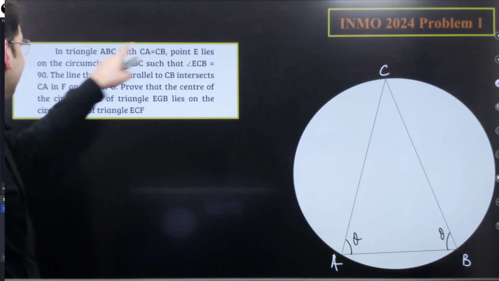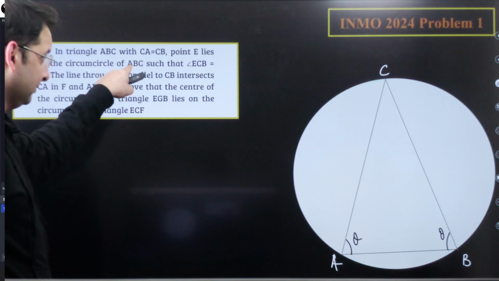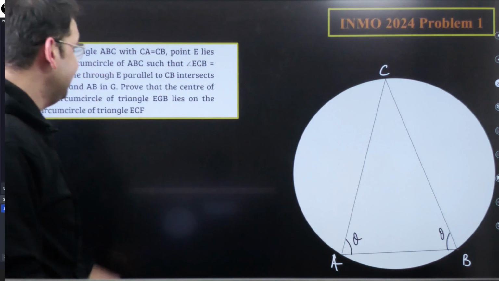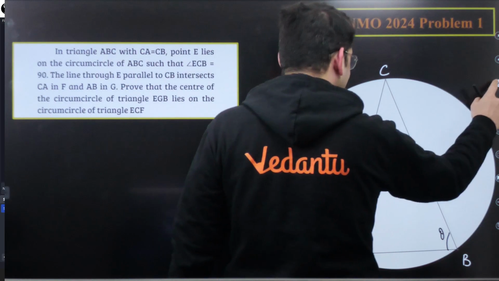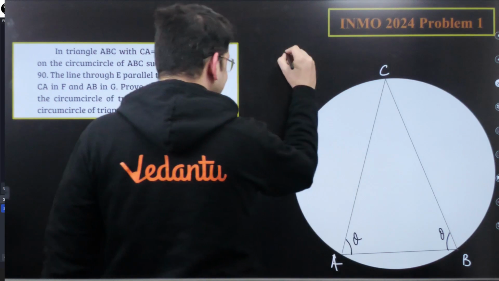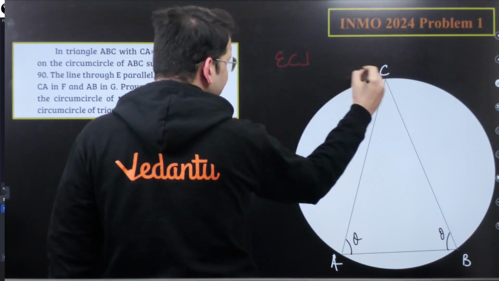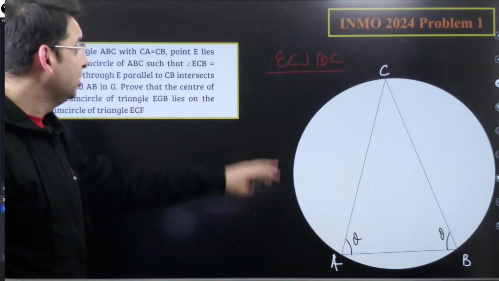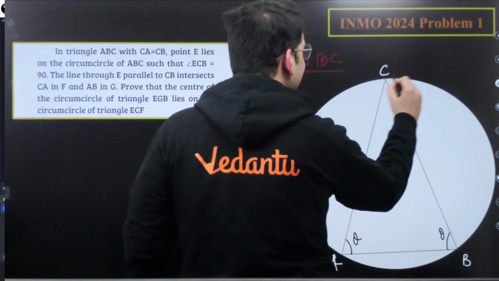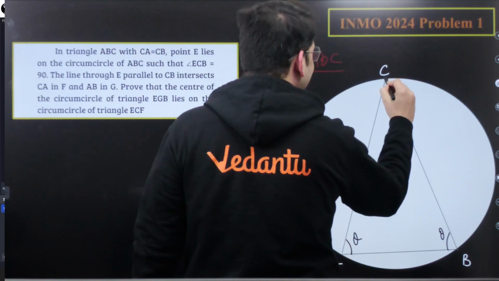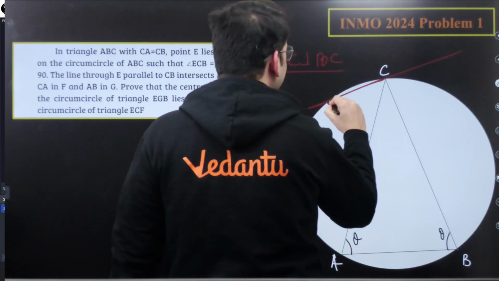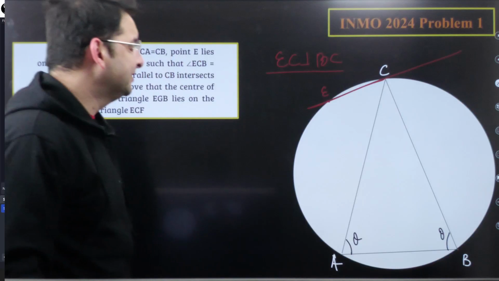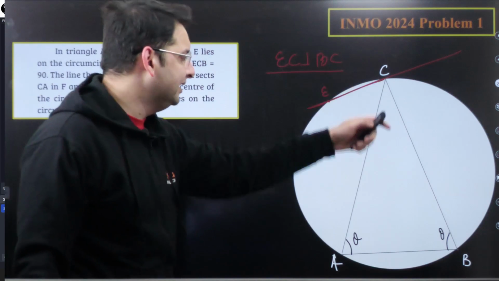Now point E lies on the circumcircle of triangle ABC such that angle ECB is 90 degrees. So again, it is clear that EC is perpendicular to BC. There is a line which passes through C and is perpendicular to BC. So this point is going to be E such that angle ECB is 90 degrees.